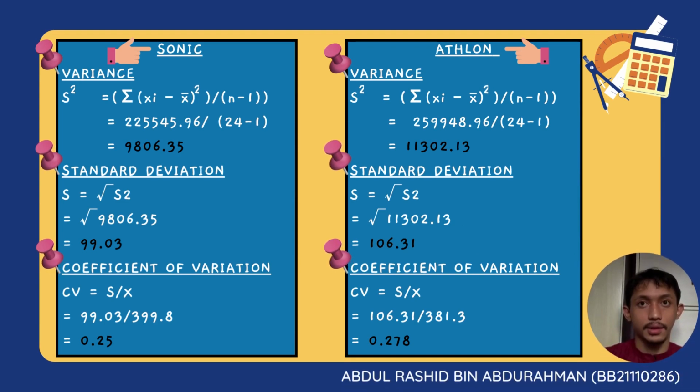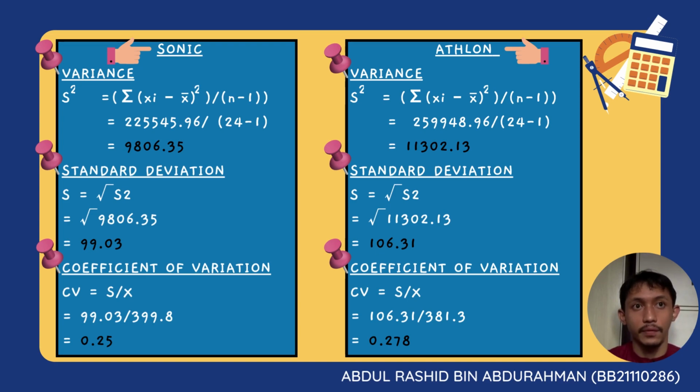For the next part of the presentation, I'll give the answers for variance, standard deviation, and coefficient of variation for both firms, Athlon and Sonic. For the variance, after entering the numbers according to the formula, that is 225,545.96 divided by 24 minus 1.